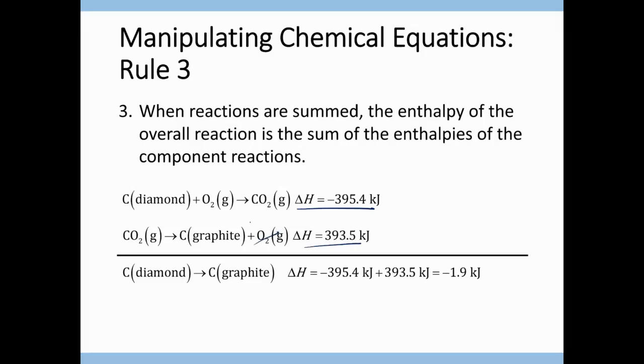In these reactions, O2 is on the reactant side of one, product side of the other. CO2 is on the reactant side of one, product side of the other, so those get canceled out. We get carbon as a diamond forming carbon in graphite form, and its enthalpy of formation is the sum of the 2 reactions above. So negative 1.9. So we also use this in our example. Yes, those are 2 different equations.